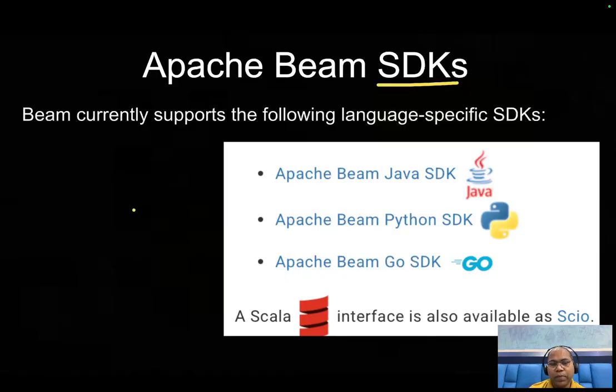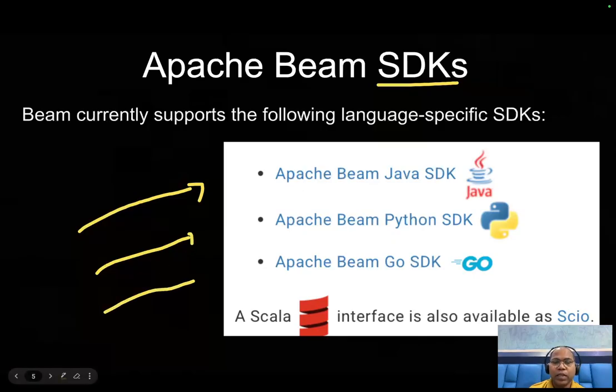Currently, Apache Beam has a Java SDK, a Python SDK, a Go SDK, and a Scala interface is also available. Mostly in data science, machine learning, and deep learning, the language used is Python, and nowadays Go is slowly picking up too. But most software is written in Java.